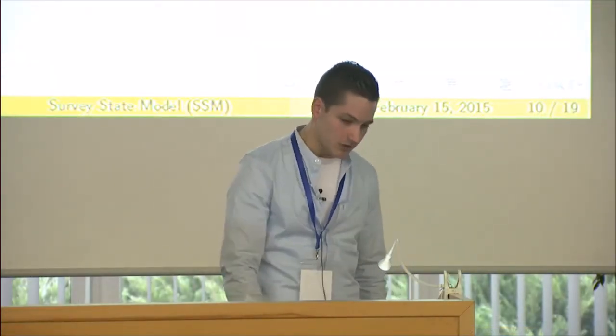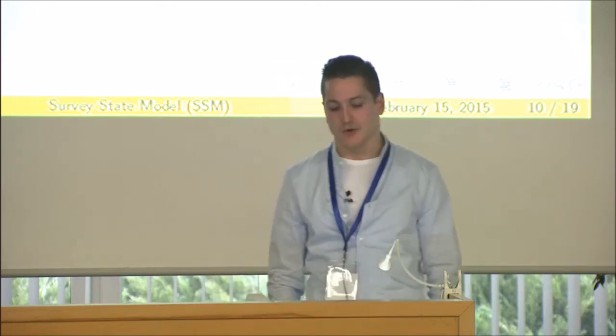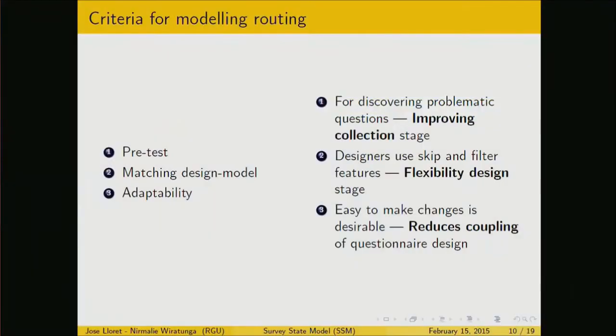So we think there are three criteria for modeling the routing. The pre-test allows you to discover problematic questions, and consequently, you can improve the gathering of responses in the collection stage. The matching between design and the model means that designers of questionnaires usually use skip and filter features.